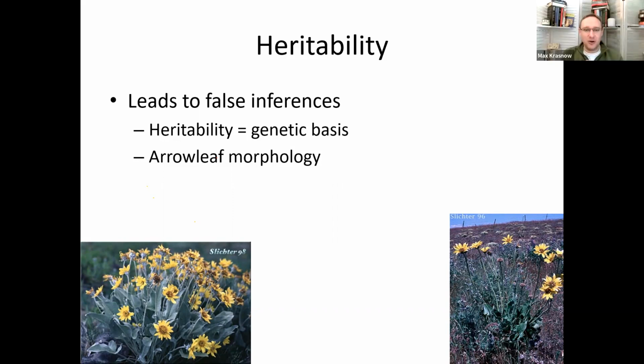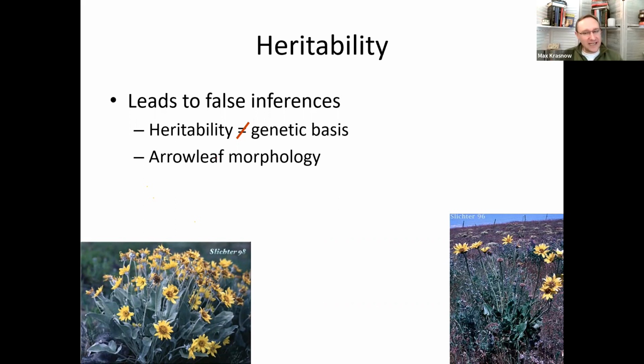They don't grow different kinds of leaves in different levels of moisture. And you don't grow different kinds of leaves in different kinds of moisture because you don't have those genes, right? Of course, that trait has a genetic basis, right? Heritability clearly doesn't pick out the genetic basis of a trait.